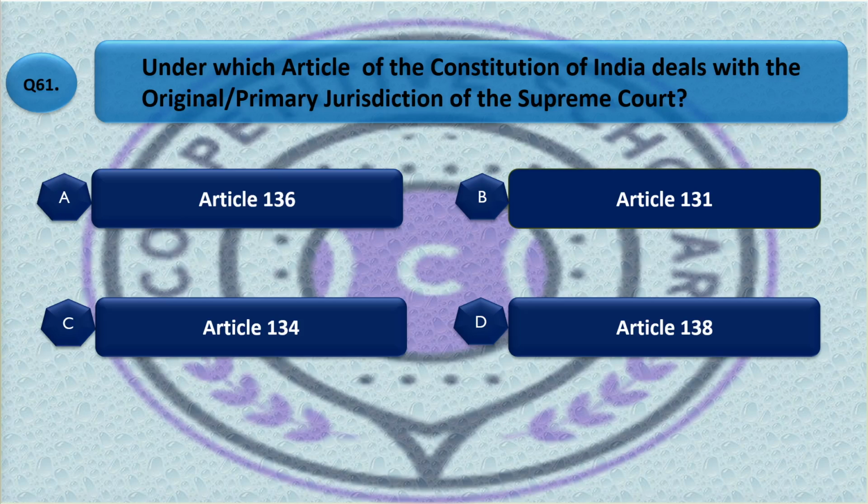Question number 61. Under which article of the Constitution of India deals with the original, sorry, primary jurisdiction of the Supreme Court? Option A, Article 136. Option B, Article 131. Option C, Article 134. Option D, Article 138.